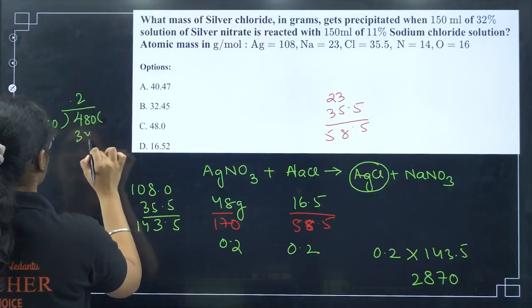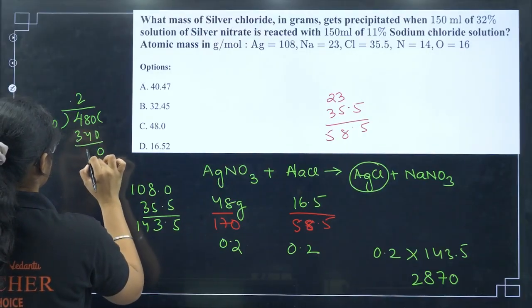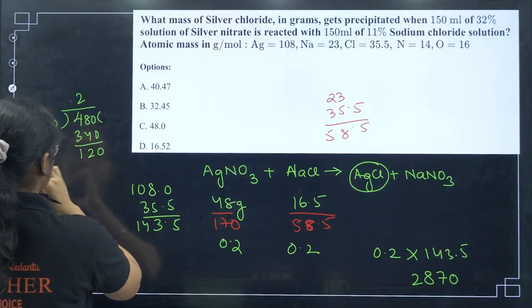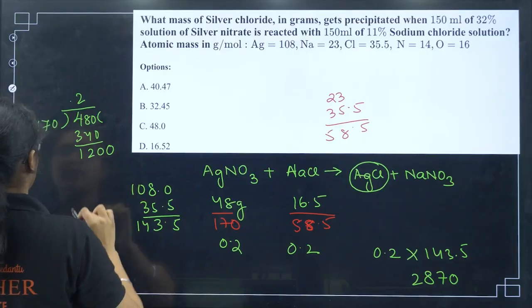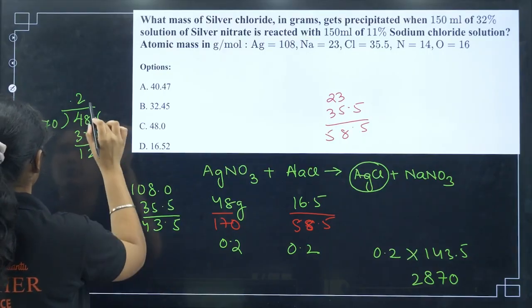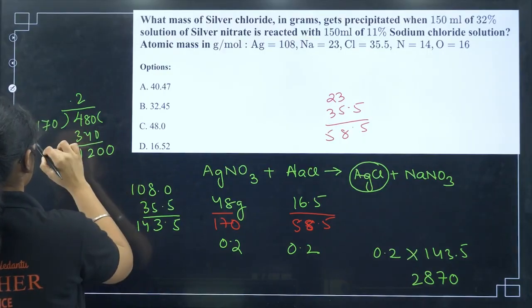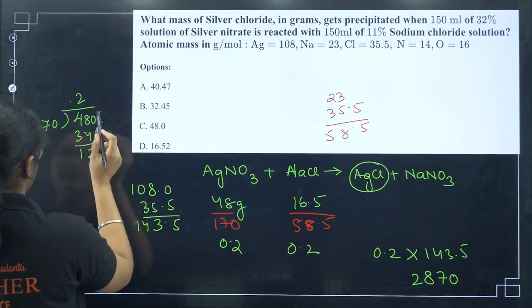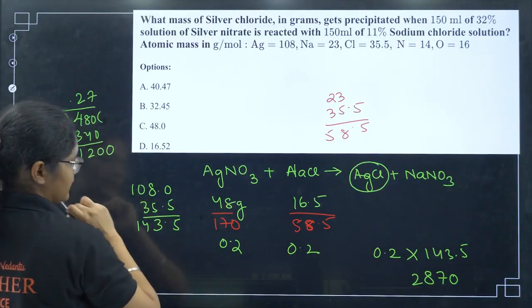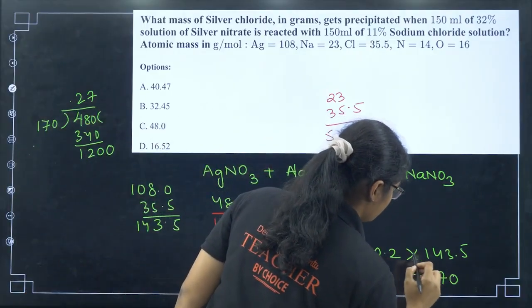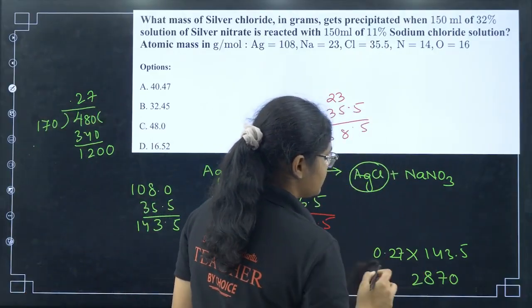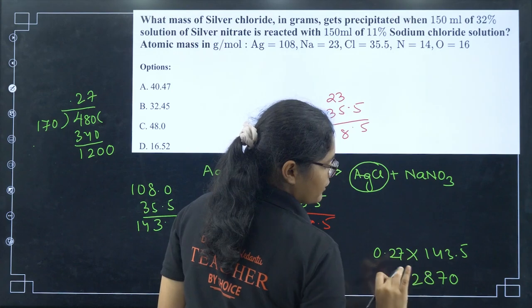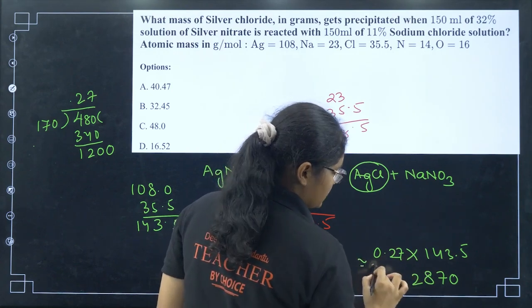So 48 by 170, I'll get 0.27, right? So 0.27, I can nearly round it off to 0.3 just for calculation.